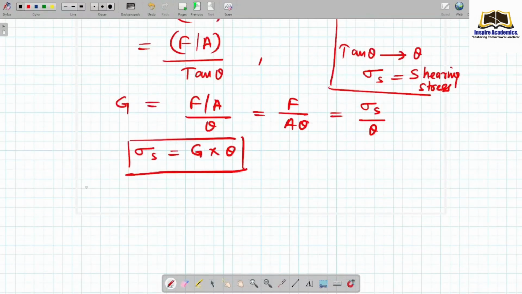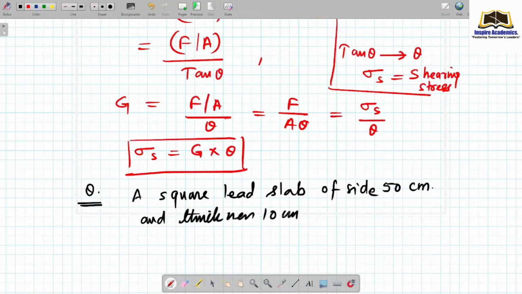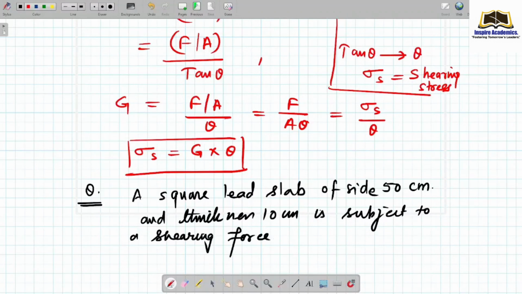Let us do one application question here also. A square lead slab of side 50 centimeter and thickness 10 centimeter is subject to a shearing force of 9 into 10 to the power 4 Newton.